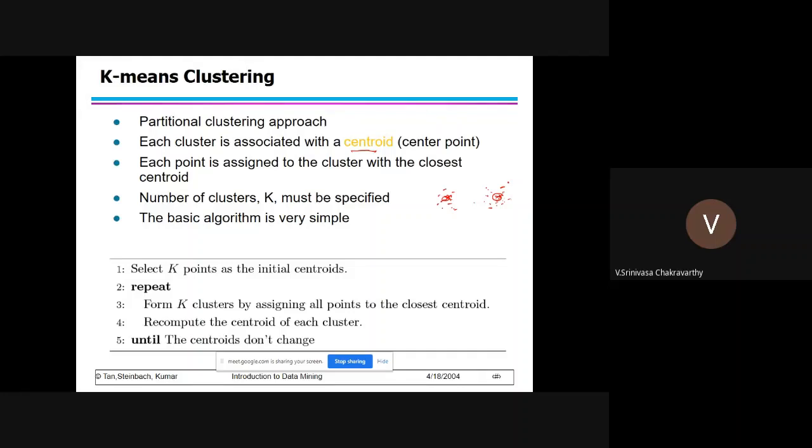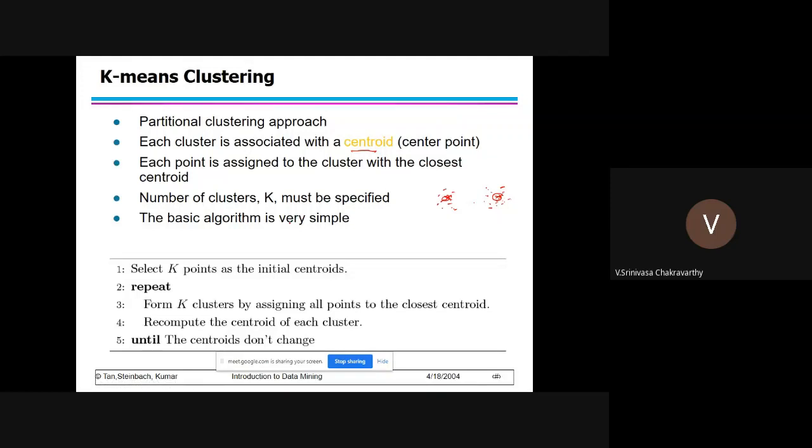It doesn't know that there are intrinsically two clusters in this data set. You have to specify. If you say, give me 10 clusters, it will divide this into 10 subsets. The algorithm itself doesn't decide how many clusters there are. There are other algorithms which can say that, by a certain criterion, there are some 20 clusters in this data set, and these are the 20 clusters. Some algorithms give you that.